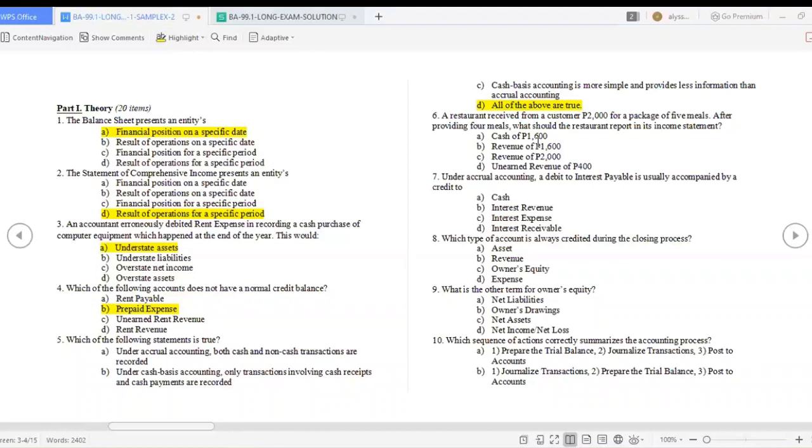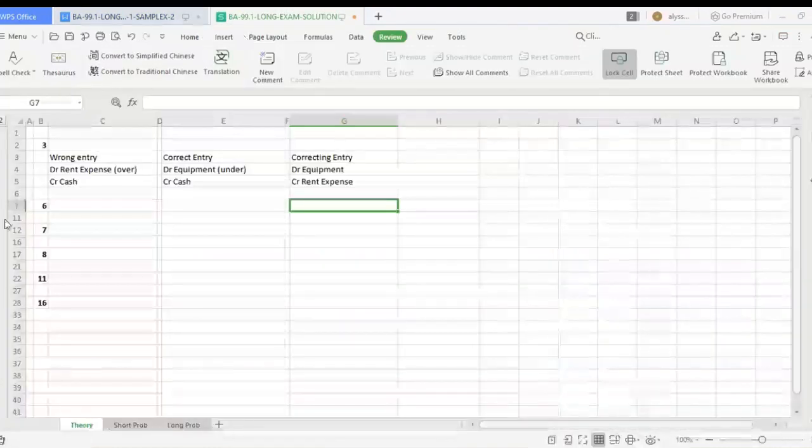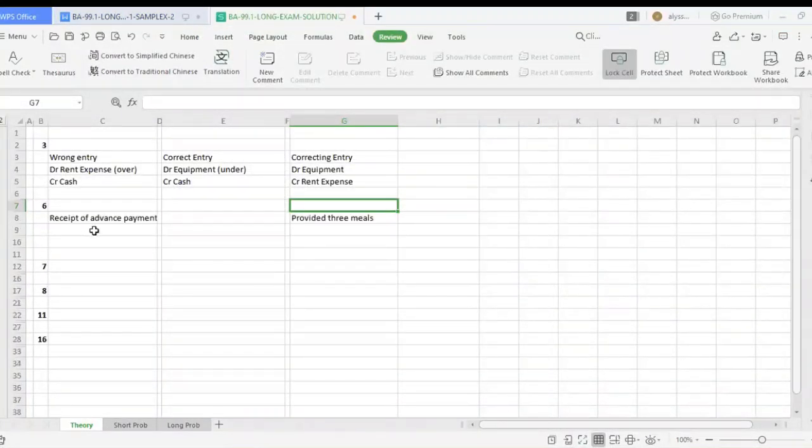Next, a restaurant received from a customer 2,000 pesos for a package of 5 meals. After providing 4 meals, what should the restaurant report in its income statement? So let's visualize this. Number 6. The customer made an advance payment for the 5 meals.